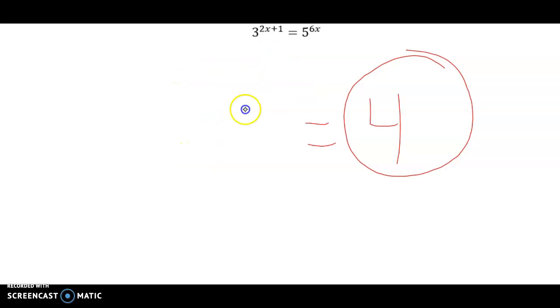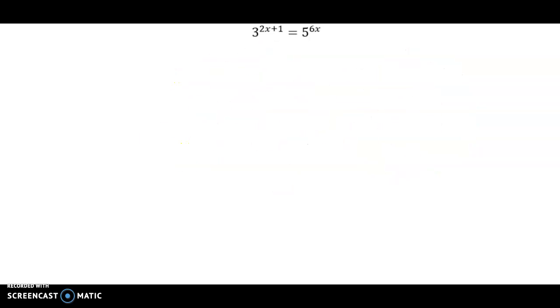Now, we're going to look at problems where the bases are not the same, nor are they multiples of each other, or even powers, I guess. And furthermore, they both have exponents, and inside those exponents are variables. So it's kind of tough.